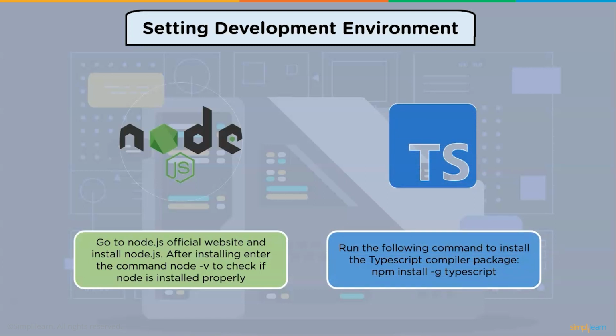To install TypeScript, run the command npm (node package manager) install -g typescript in the command prompt, and this will install TypeScript. So let's jump to the browser and see the installation of Node.js and TypeScript. Then we will go to Visual Studio and see the different components like loops, variables, data types with examples.